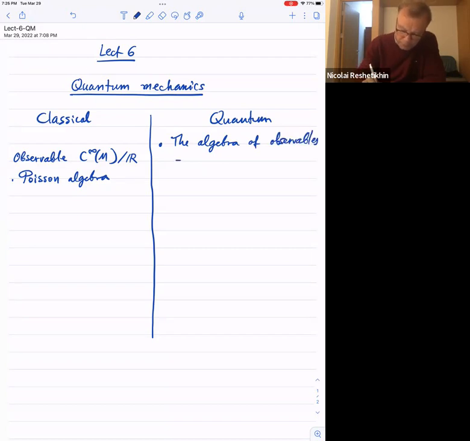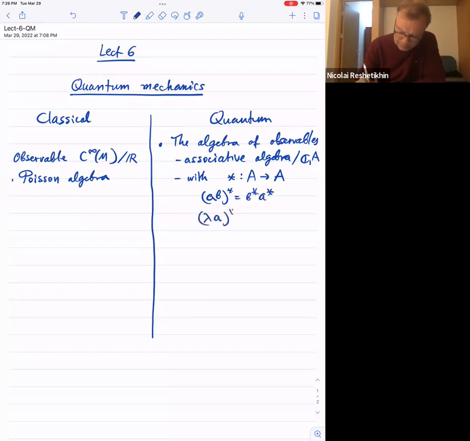It's an associative algebra over complex numbers, let's call it A, with a C antilinear involution. This means that (AB)* is B* A*, and (λA)* is λ-bar A*, where λ is a complex number.